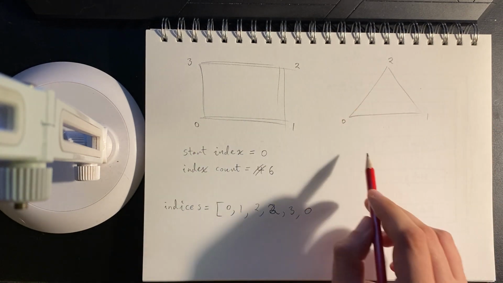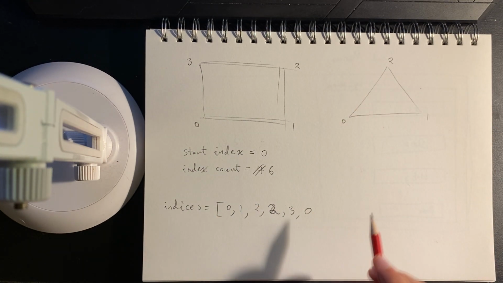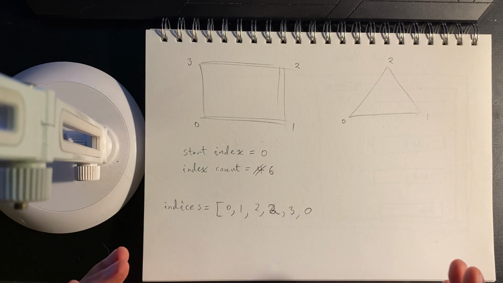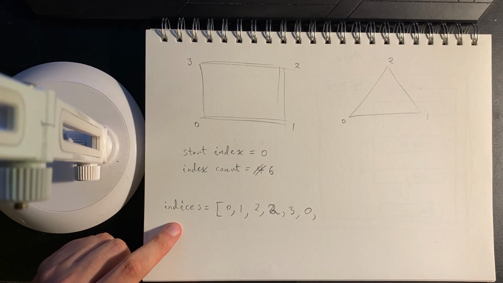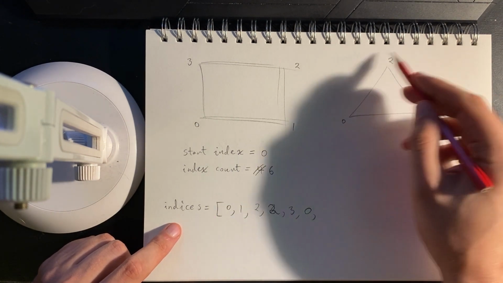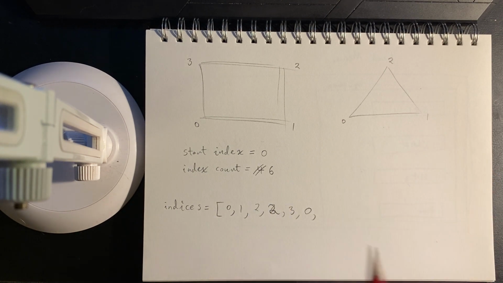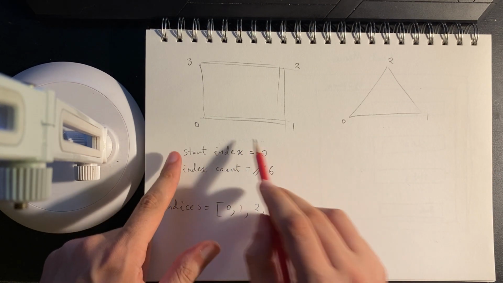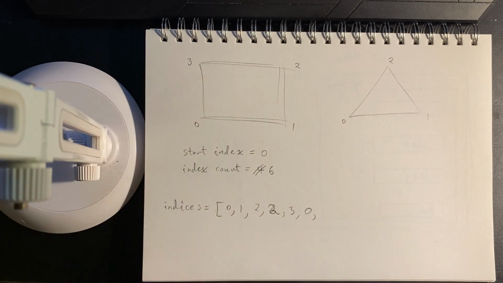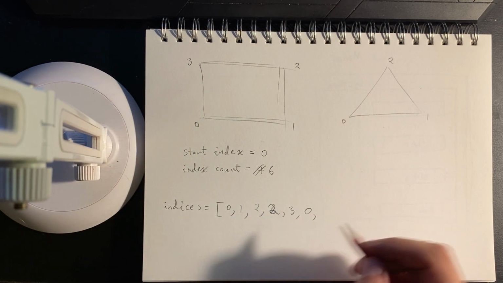Okay, but let's look at the next triangle. So what I'm going to do is I'm going to take all these positions and these indices and append them onto the list that I've got right now. So what I would do is I would look and I would say, okay, how many indices have already been defined? Well, it's easy enough to calculate that we have had 4 indices defined.